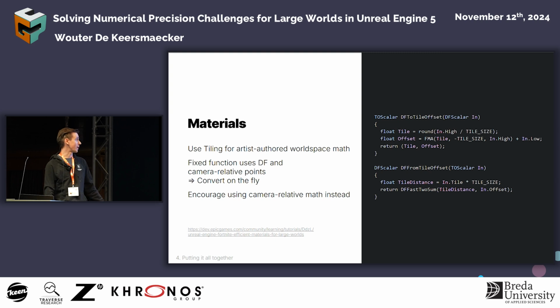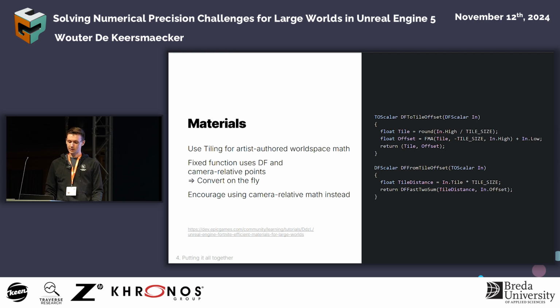And so the compromise we ended up with is that we do still use tiling math for user-generated code to avoid this performance impact. And so the fixed function code, so all of the global shaders, but also all of the parts of the materials that are written by the rendering programmers, those all use double float or translated world space, but then specifically the programmable components that artists use, those all use tiling math.